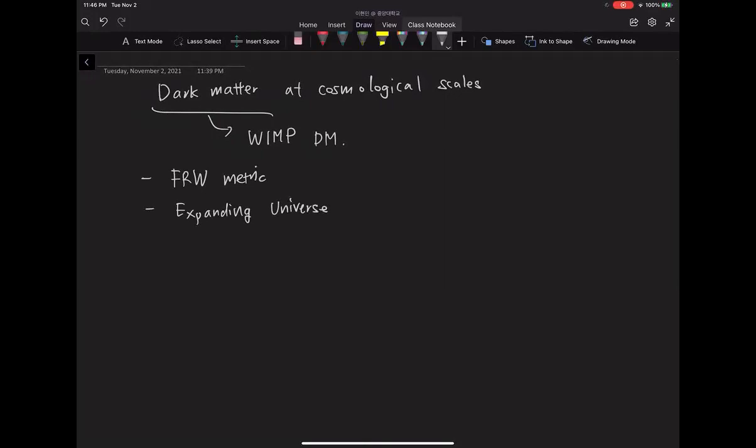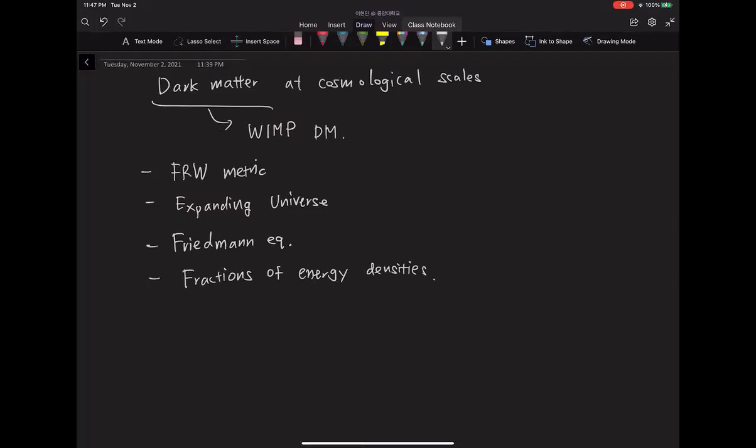And also we discuss the equation governing the evolution of the universe, which is the Friedmann equation, and we discuss the fraction of energy density, and depending on which component of the energy density is dominant, we will determine the evolution of the universe.